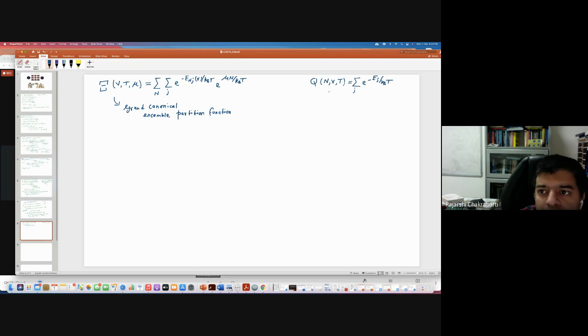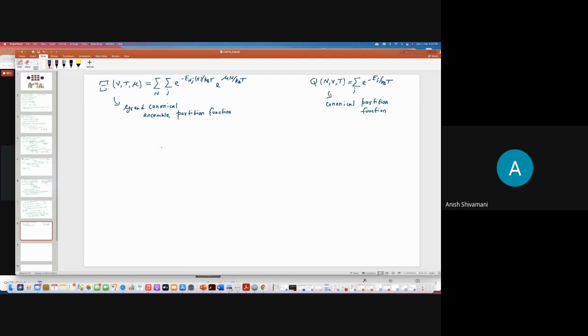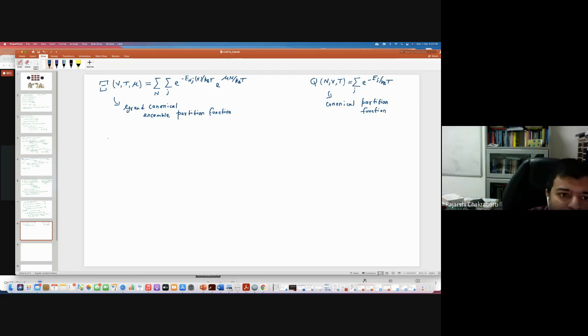And we also got the expression for entropy in terms of this.